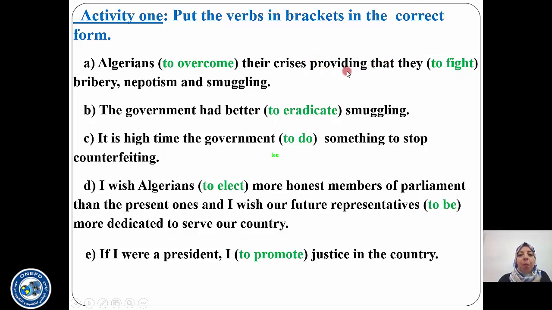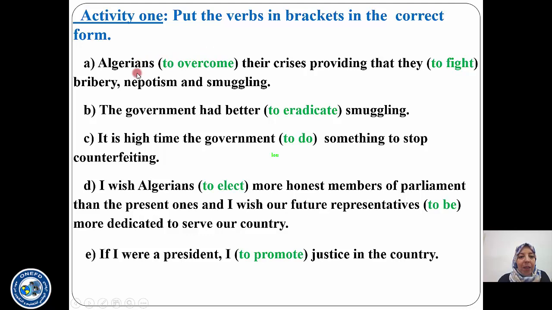So as you have studied in the use of providing that, two tenses should be used with this conjunction. So providing that should be followed by the present simple and of course in this clause that expresses condition, and future simple should be used in the result clause.